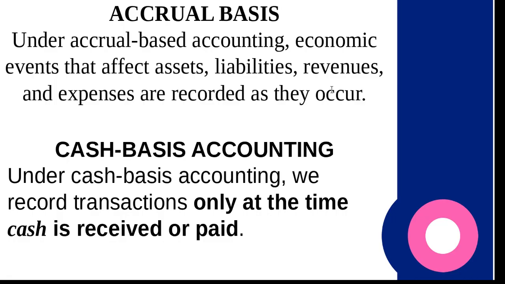But in cash basis accounting, we record a transaction only at the time cash is received or paid. Cash basis says that every transaction that has to do with inflows and outflows of physical cash is what I will write down.